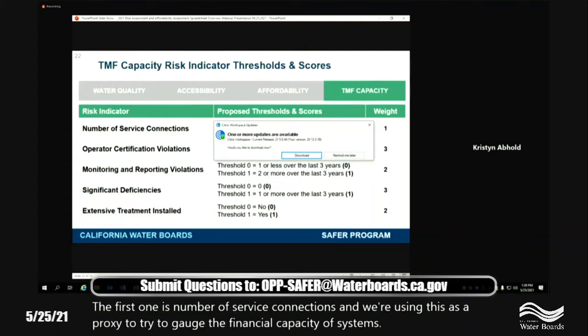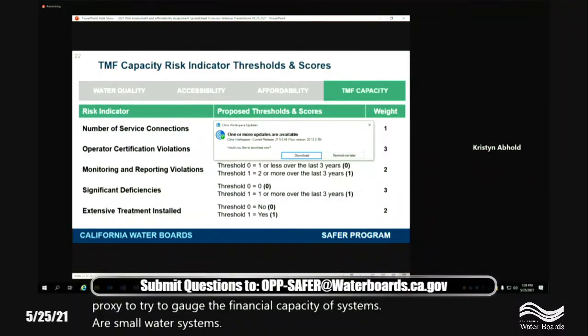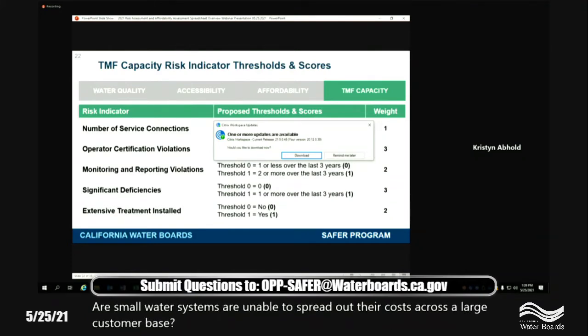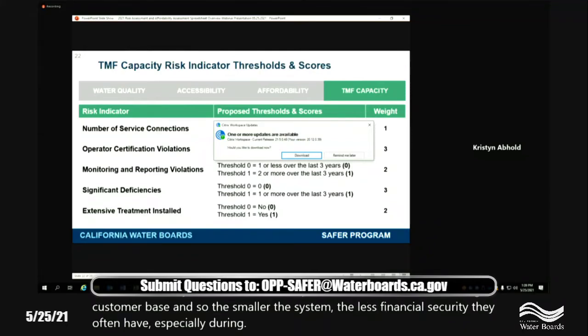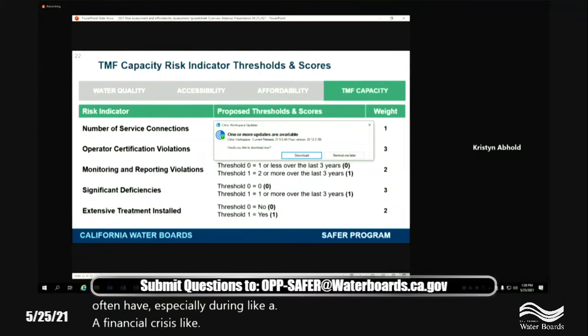Our small water systems are unable to spread out their costs across a large customer base. And so the smaller the system, the less financial security they often have, especially during a financial crisis like we've been in with the COVID pandemic.